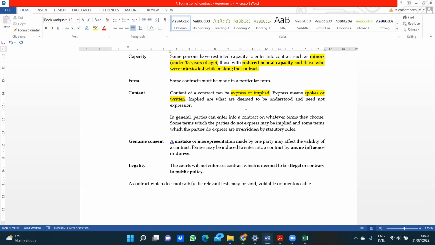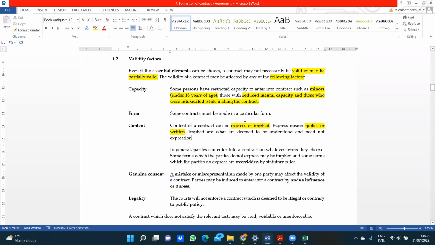The company will mention its terms and conditions, but however, you also need to follow the employment rights, the employment law as well.